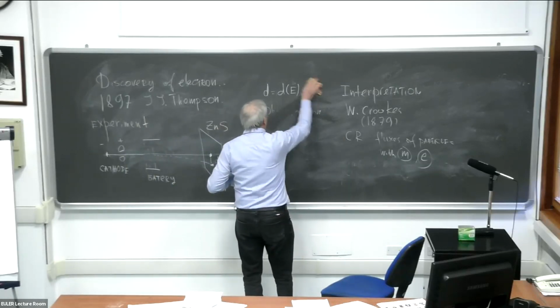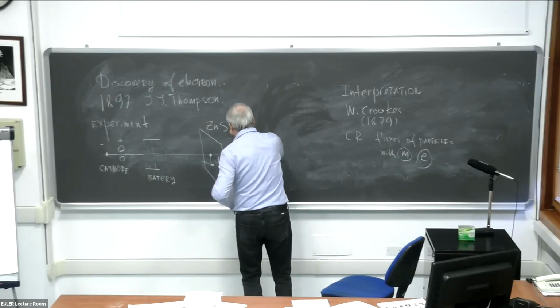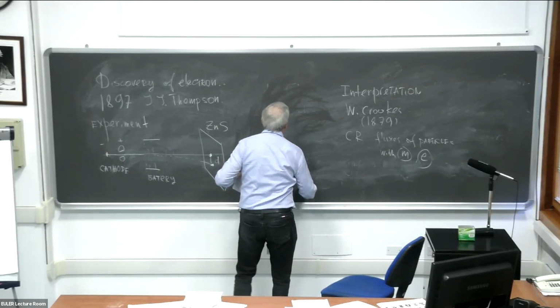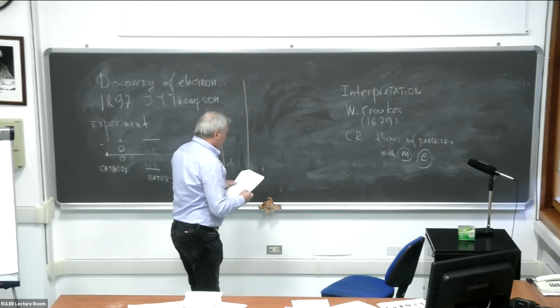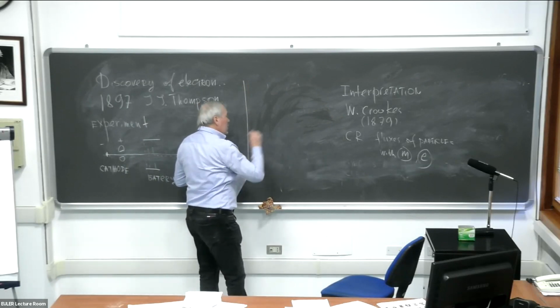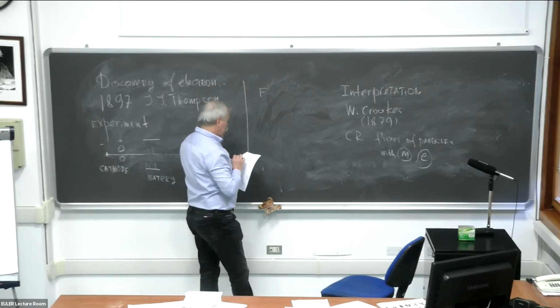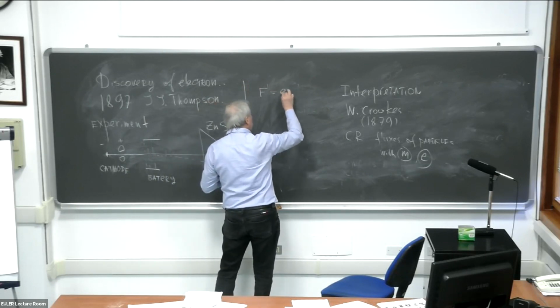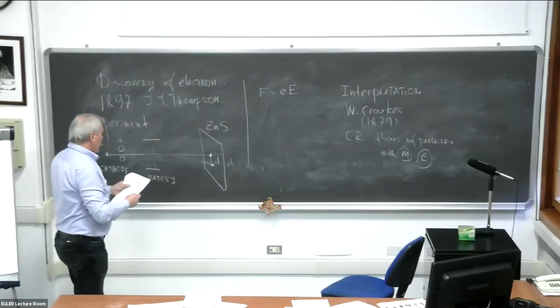Now, a small theory, right? It's again very simple and transparent, but this is how it actually develops in many other cases. So what is the theory? If it is a charged particle, then we know that there's a force produced by the electric field, which is given by the charge of this particle and the strength of the electric field.